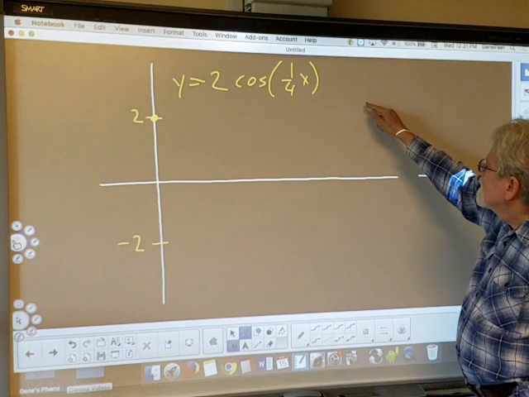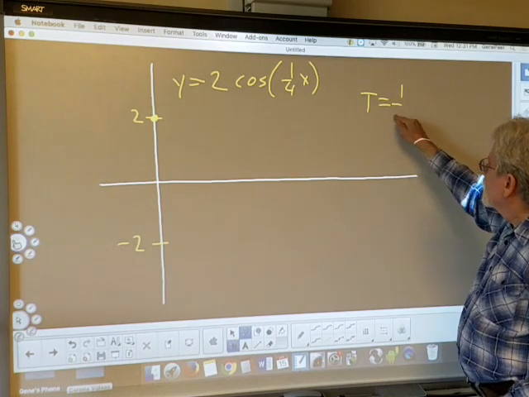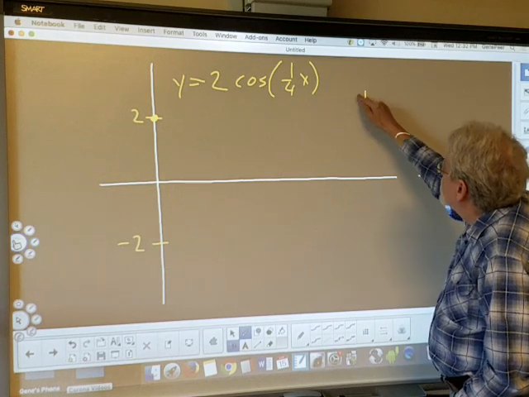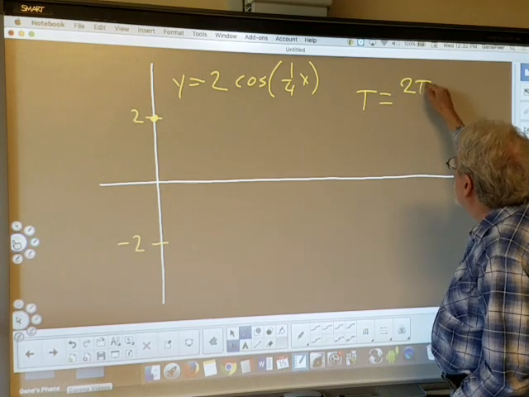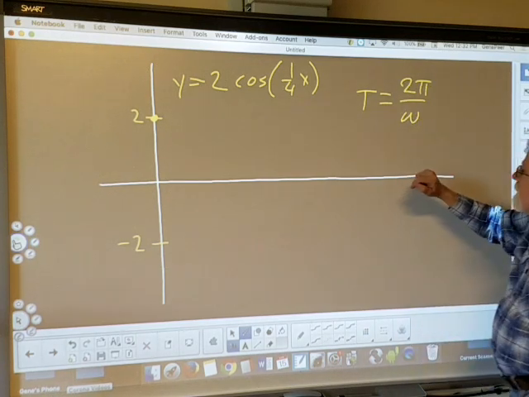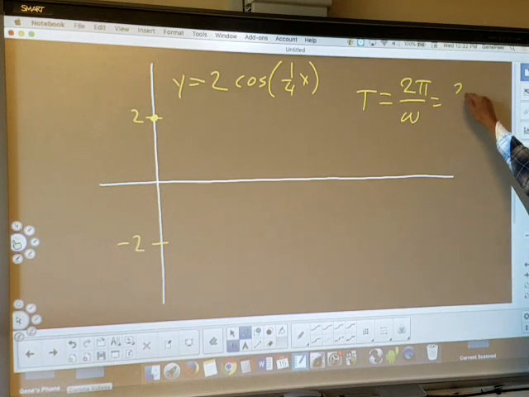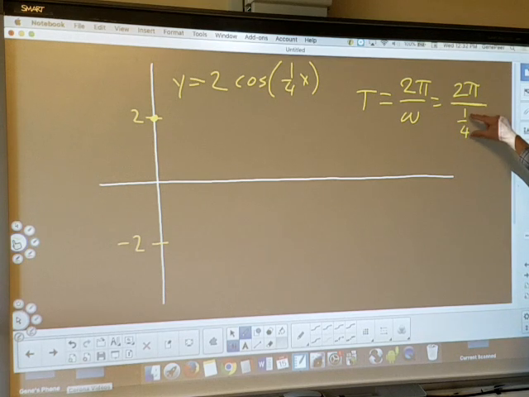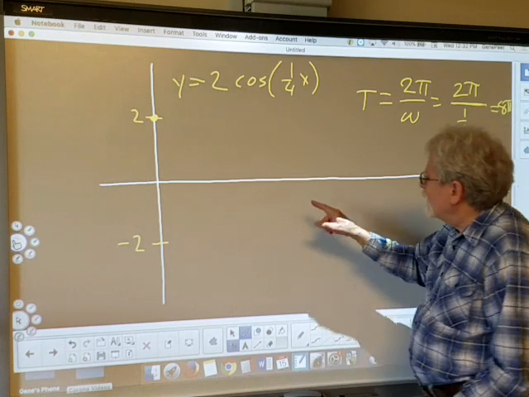Now omega is 1/4. T is 2 pi over omega, which in this case is 2 pi over 1/4. And how do you divide by a fraction? You multiply by its reciprocal. This becomes 8 pi. So this thing repeats itself every 8 pi.